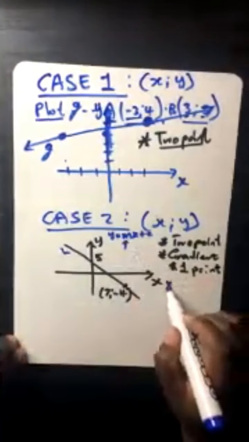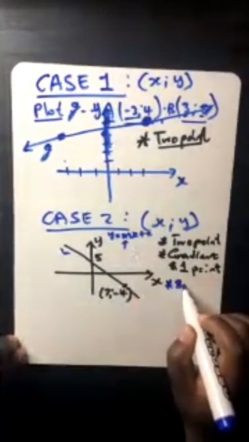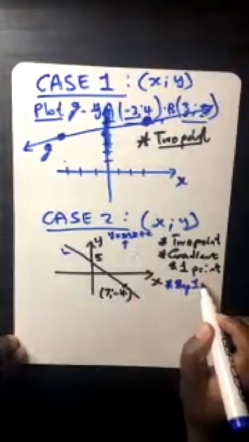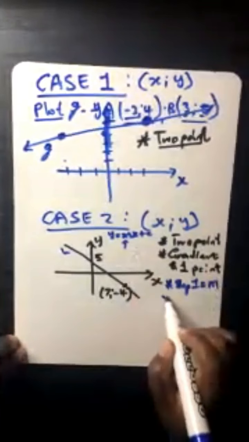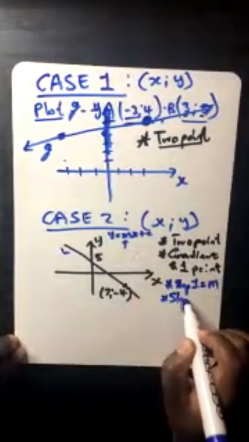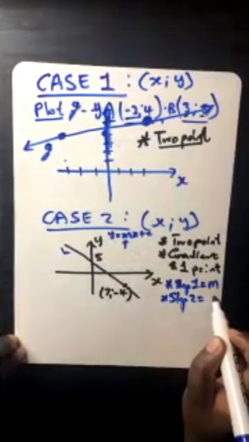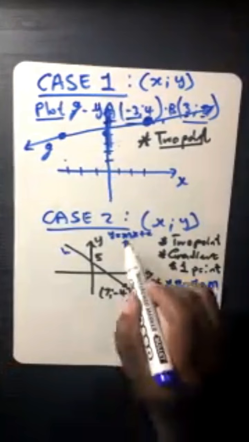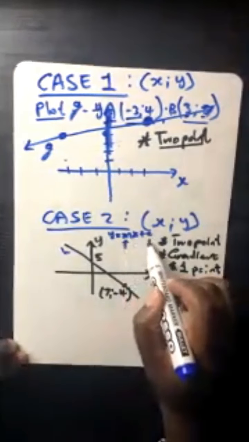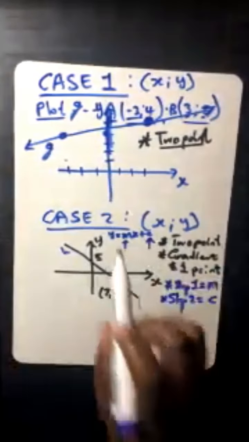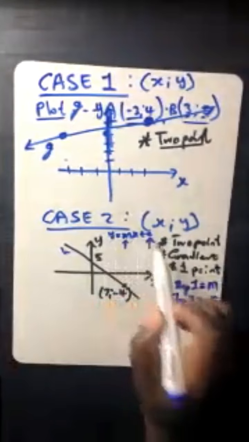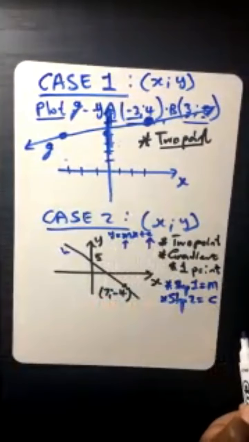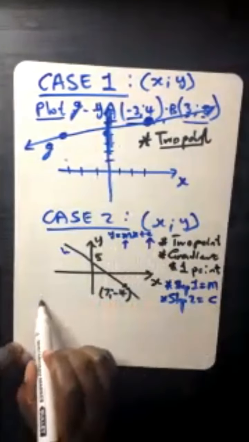That is step number 1. Then step number 2, you must find the c value. Then after you found those values, you just substitute and write it as y is equal to whatever gradient plus whatever you calculated. So let's see how you do it.